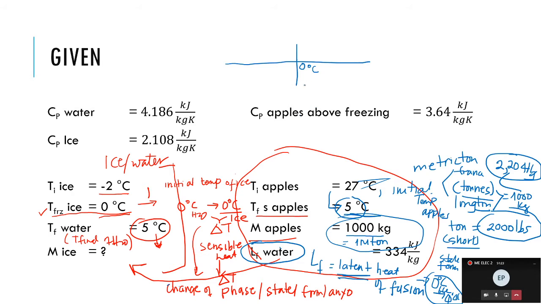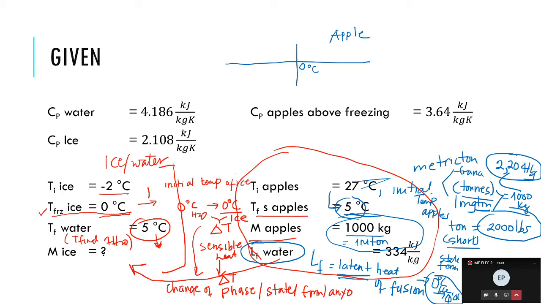I have here 0 degrees centigrade. To the right, so that I can explain to you in a very simple manner, I want to use the right side as my condition with the, what is our fruit? Apple. Okay.